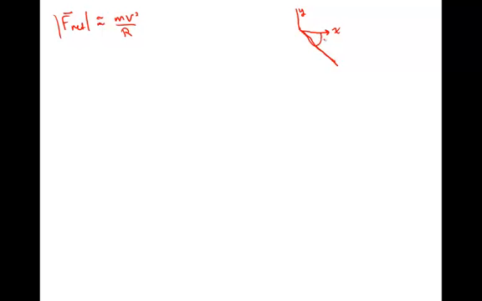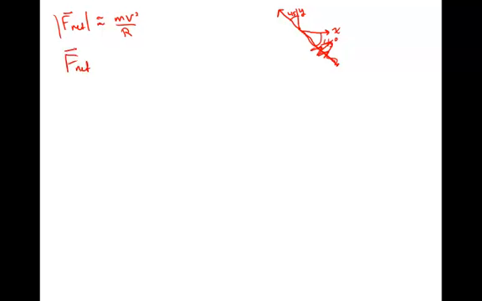This angle right here is 45 degrees, so I can figure out the unit vector for this force. Actually, this force should be up like this. Ignore this. So this angle is 45 degrees.